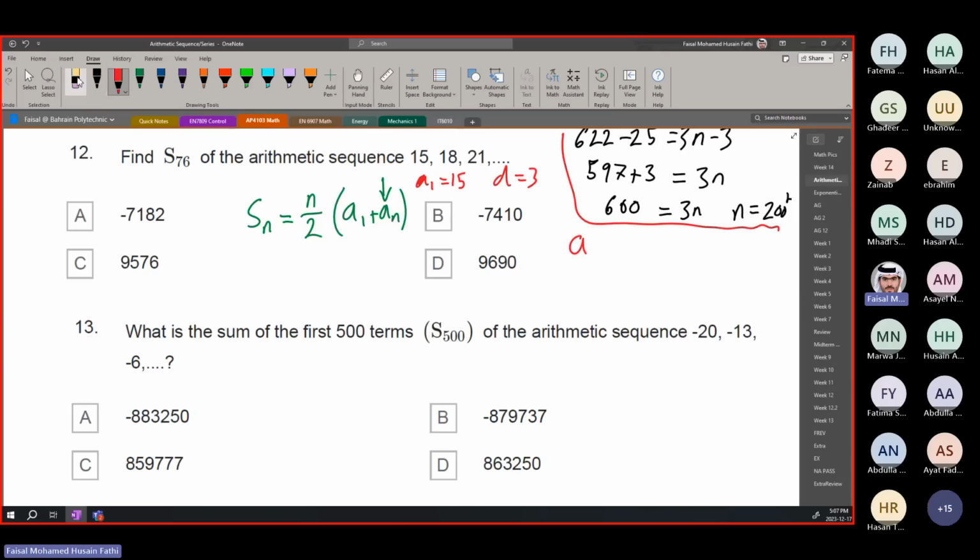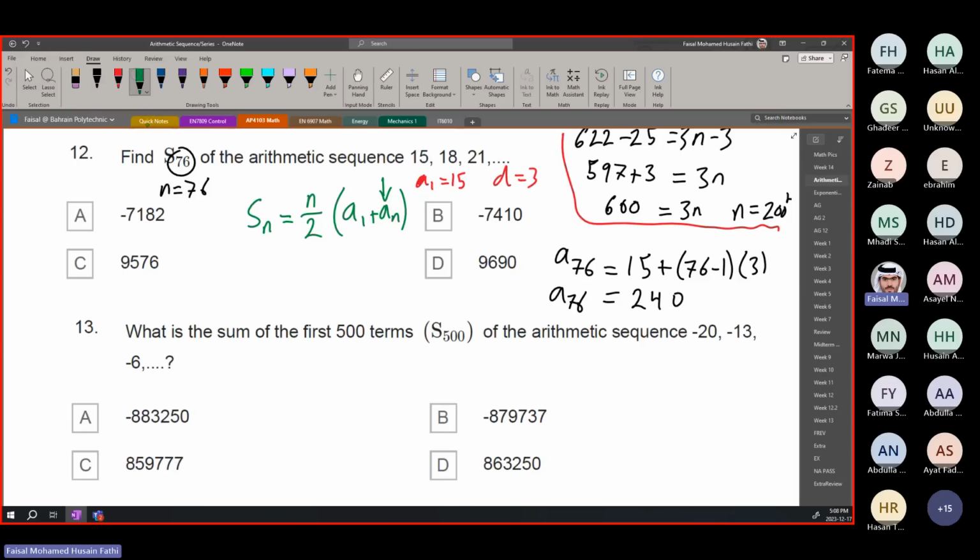Okay, so 18 minus 5. I'm not going to keep writing that same thing because you should know this by now. We want to find A76 because our n is equal to 76. So A76 is equal to 15 plus 76 minus 1 times 3. Put that in the calculator, you find A76 is 240.